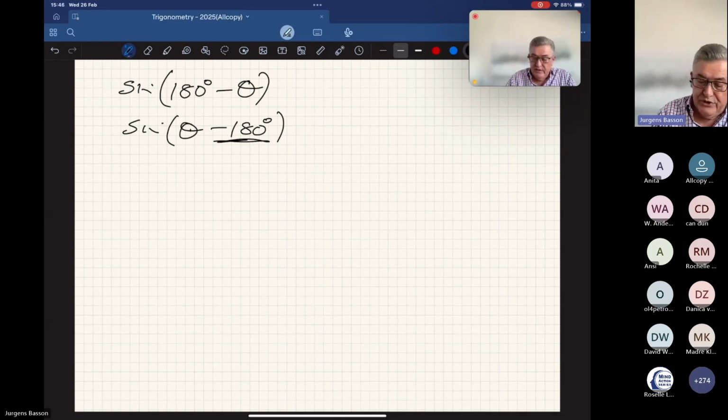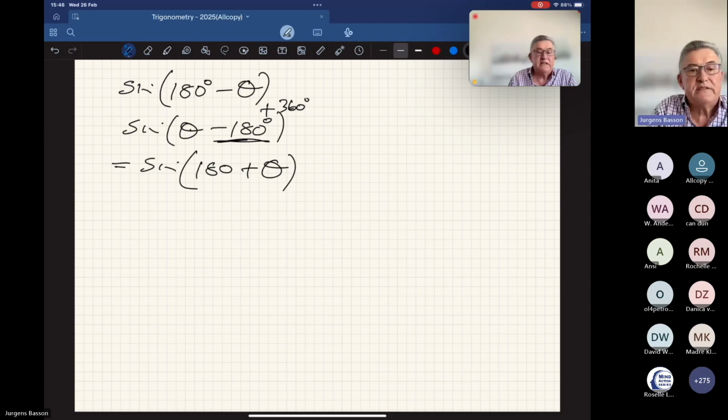So I will add 360 to it, which gives me the sine of 360 minus 180, which is positive 180, and the theta is positive. And there I have sine of 180 plus theta. So the sine of 180 minus theta is the same as the sine of 180 plus theta, which is third quadrant, which gives you negative sine theta.